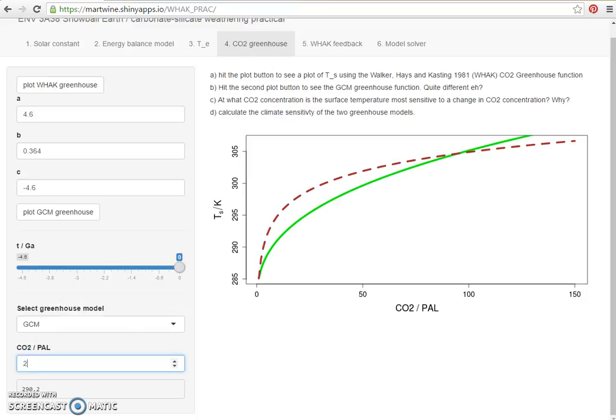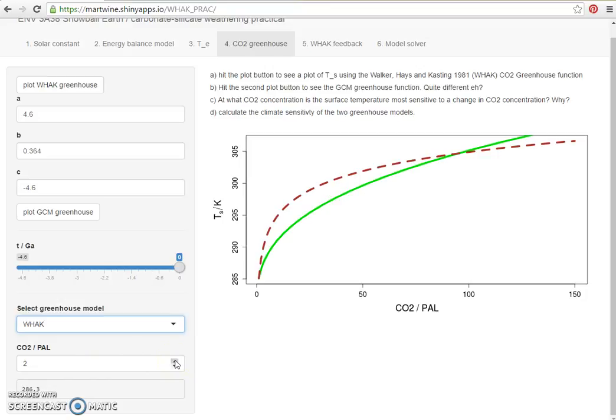So the more modern GCM-based formulation is certainly within that range. The Walker-Hazen-Casting one is a bit below the lower end probably, but not a million miles away. So neither of them seem completely unreasonable for climate sensitivity at the present day.